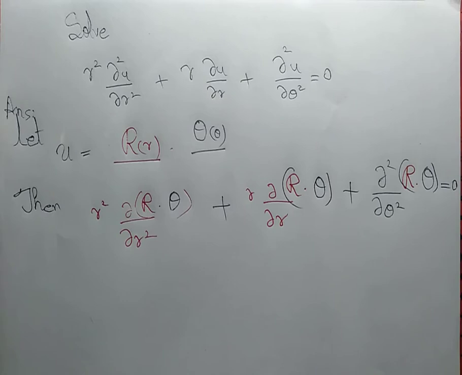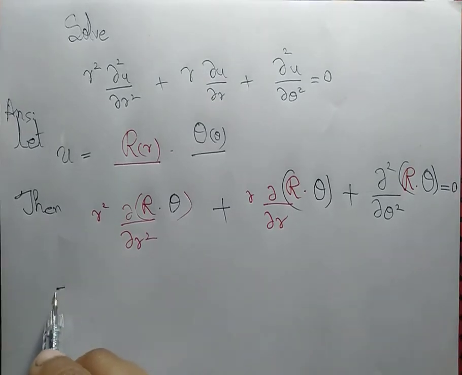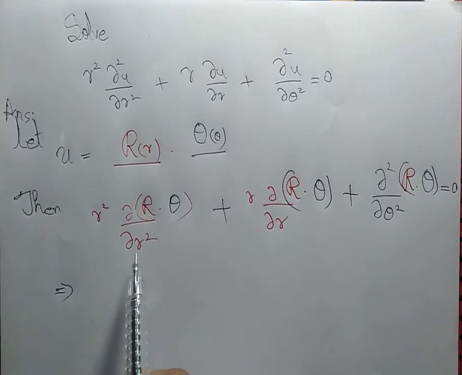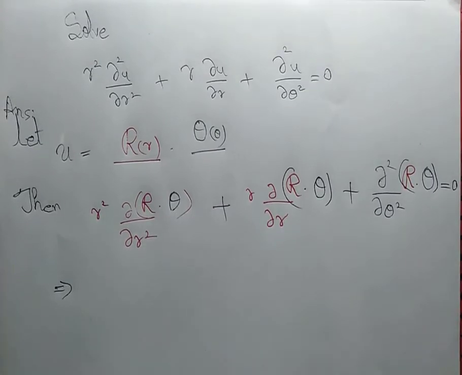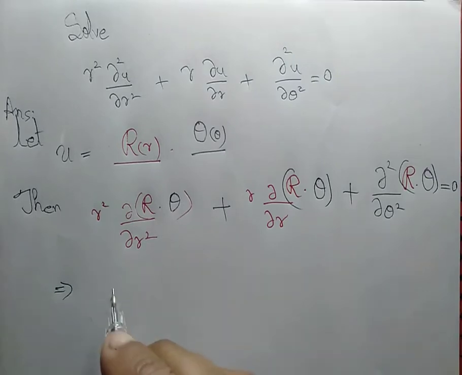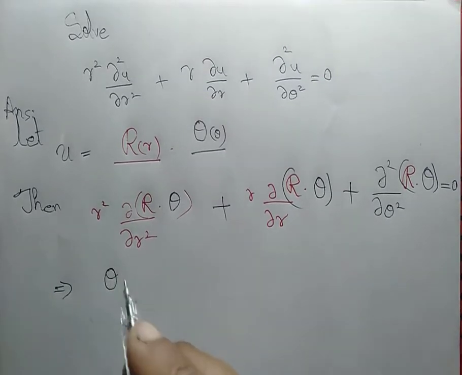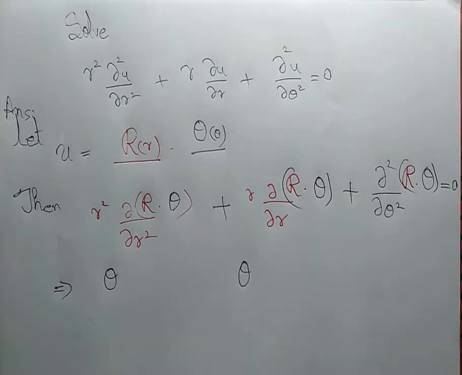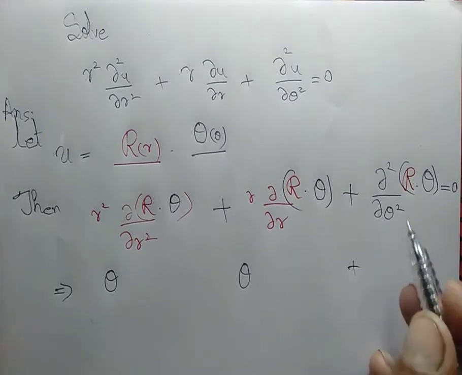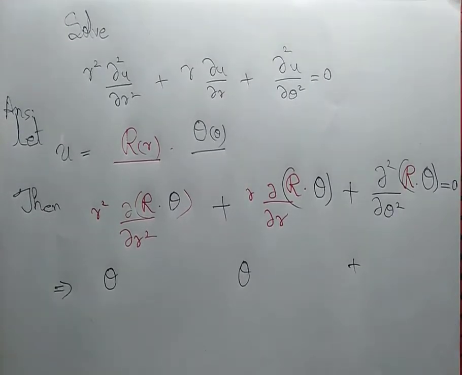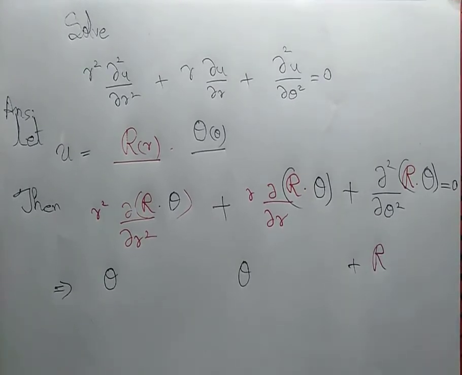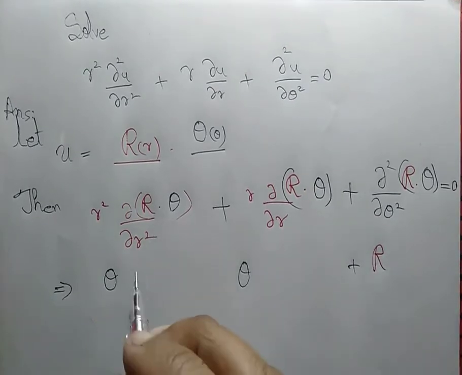Now you see, can we simplify it? Your theta is independent of r, so I can take it out. Let's take it out. So I am taking out theta. Here also theta is independent of r, so I can take it out. And then at last here r is independent of theta, so I can take it out. Then what are we left with?